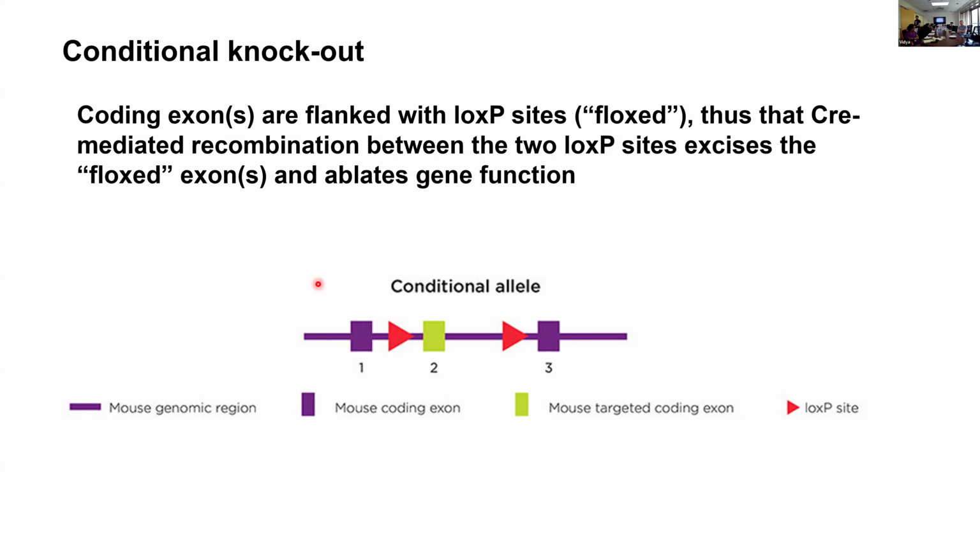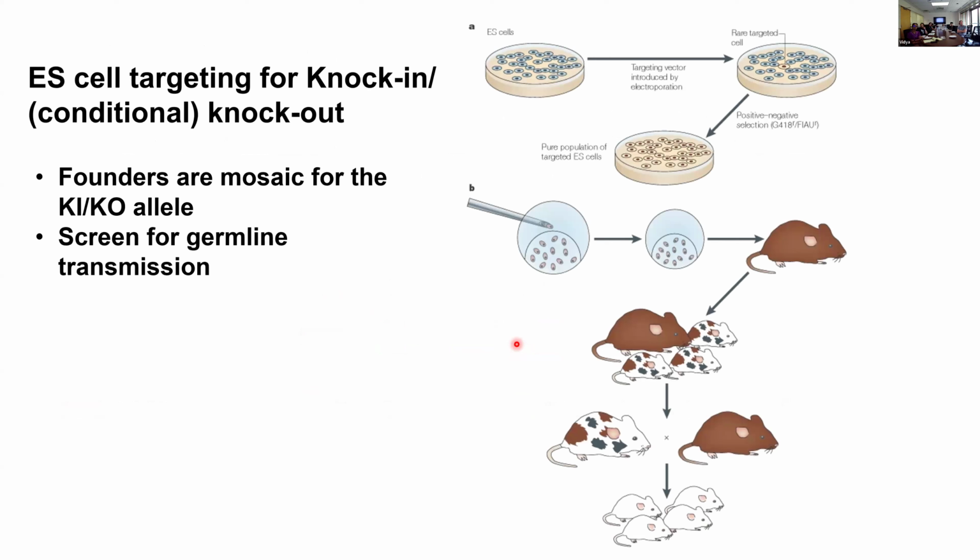But even for this, to make a conditional allele, we have to knock into the gene locus at least a minimum of 2 loxP sites, so that later on Cre recombinase can use them to mediate gene deletion. So how is that achieved?